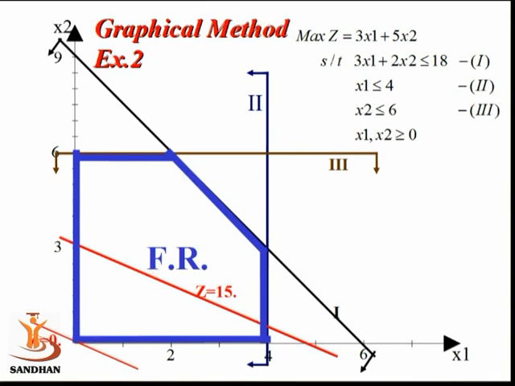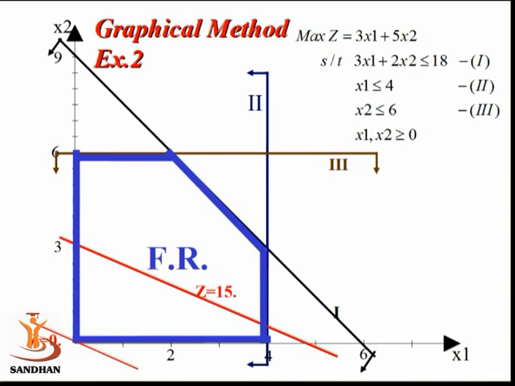So see, z equal to 15 is the line when I take 3x1 plus 5x2 equal to 15, and if I take 3x1 plus 5x2 equal to 0, the line shown at the origin is defined by this.